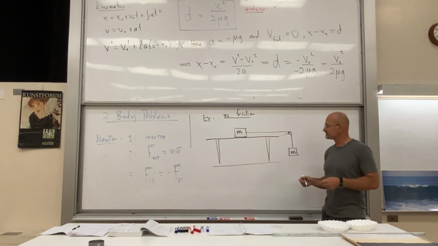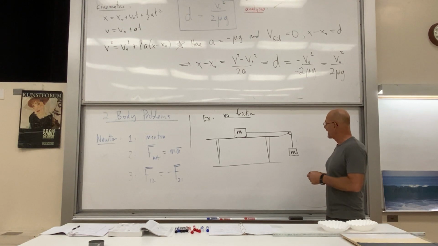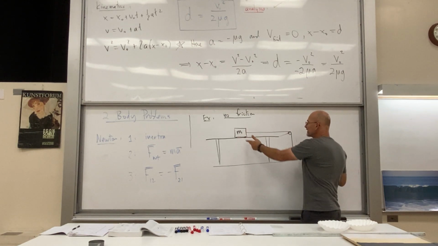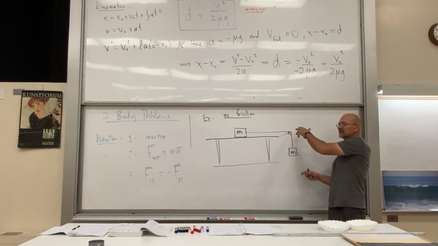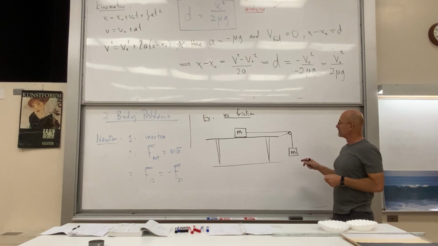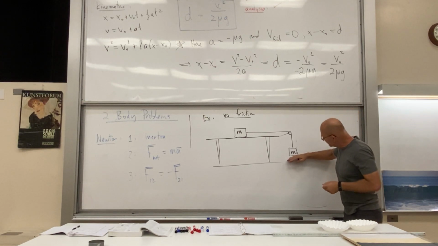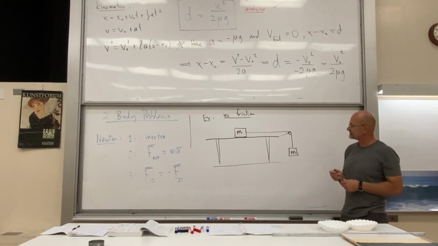It's that simple. And apparently they're moving together, and this string isn't going to stretch. The pulley is really lightweight plastic, a massless pulley. The string's not going to stretch, so as M2 accelerates down, M1 accelerates forward.